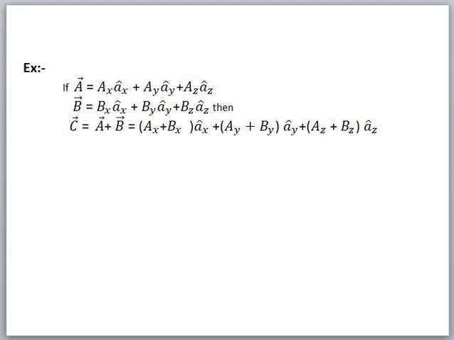Now add vector A to B. The resultant vector C is equal to vector A plus vector B, which is (Ax plus Bx) a_x cap plus (Ay plus By) a_y cap plus (Az plus Bz) a_z cap.